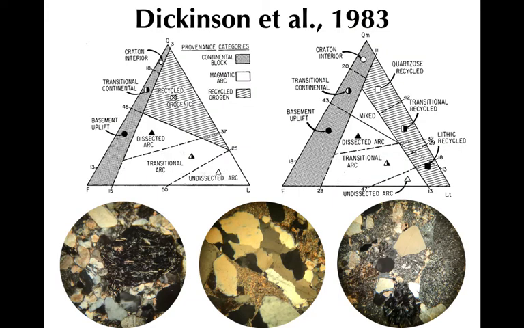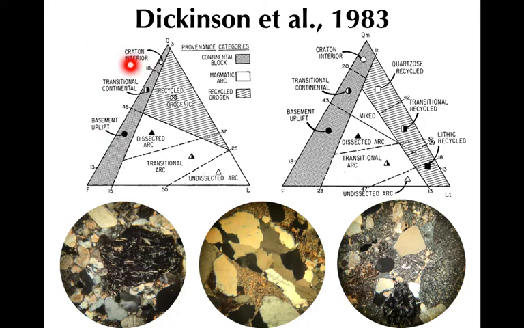What you're looking at here on the left is an empirical plot of North American sandstones in relation to their tectonic setting. This is from a series of papers by Dickinson et al. This one's in 1983. So this is an empirical plot of what all that stuff looks like. On the leftmost ternary diagram, instead of rock names, we have provenance types plotted on it. Here's the basement uplift field.